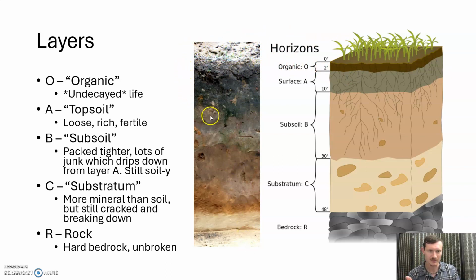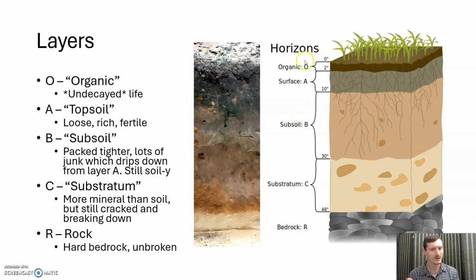We've got our topsoil all the way down about here, a little bit below where it is on our diagram. Our subsoil here, stuff leaches down from the layers above that's not so great, but still more soil than not. Might say that this part of it here, all of it, is our substratum, which is slowly actually becoming soil over time, but is more rock than soil. And then down here, we got our bedrock, solid, hard stuff, hard to use.